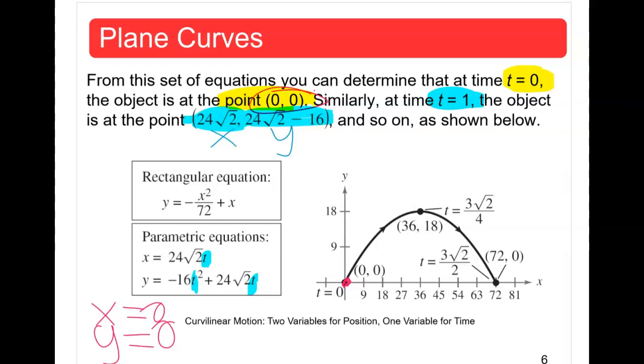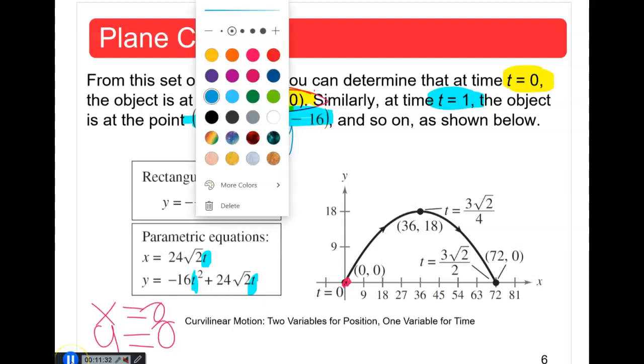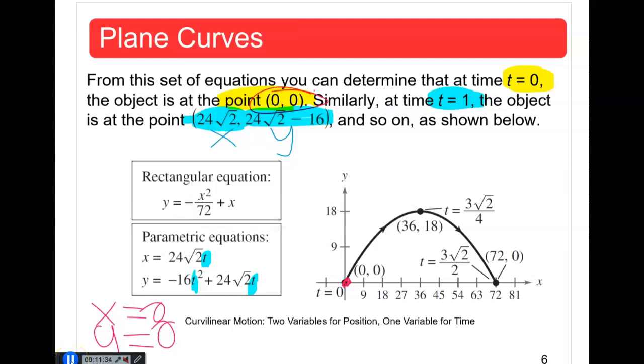I cannot see where that will be on the graph. So that point will be approximately 33.9411, and for the value of y, it will be 17.9411. So for the horizontal distance, it will be almost 34.